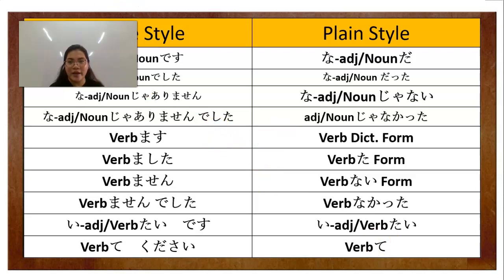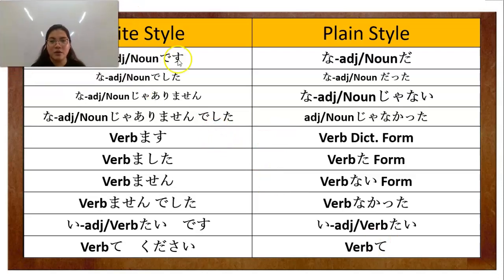Okay? So again, let's review. So des becomes da. Deshita becomes datta. Ja arimasen becomes janai. Ja arimasen deshita becomes janakatta. Verb masu becomes verb dictionary form.